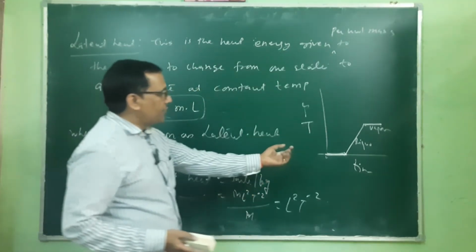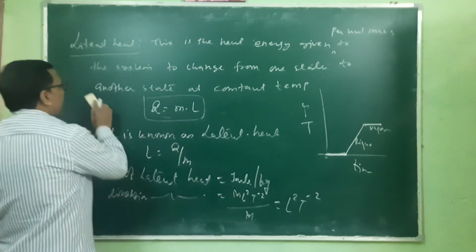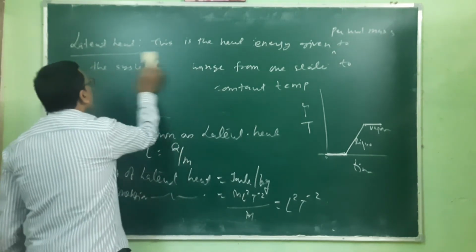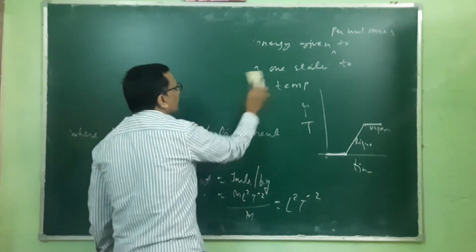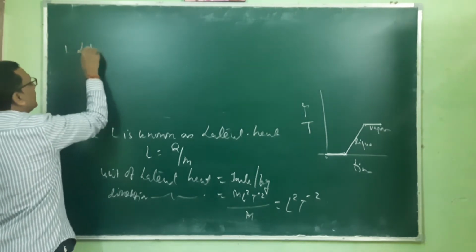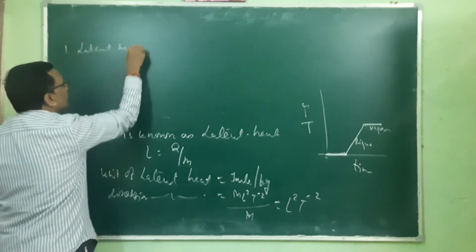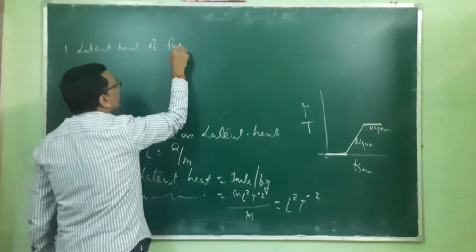Depending on states, latent heat is divided into two parts. First is latent heat of fusion.